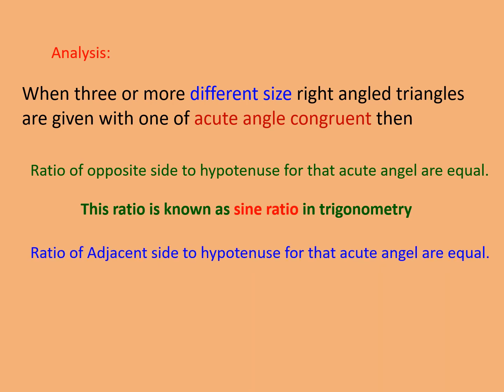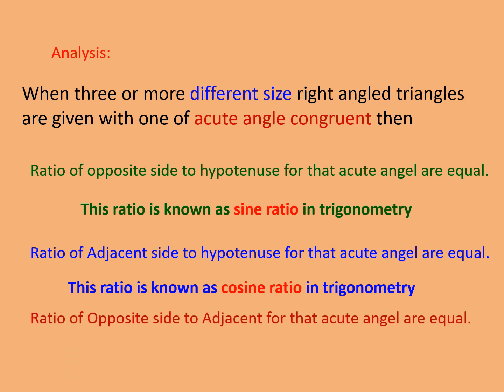Same way, the ratio of the adjacent side to the hypotenuse for the same acute angle is equal, and that ratio we call the cosine ratio. Similarly, the ratio of the opposite side to the adjacent side for the same acute angle is equal, and that ratio is called the tangent ratio.